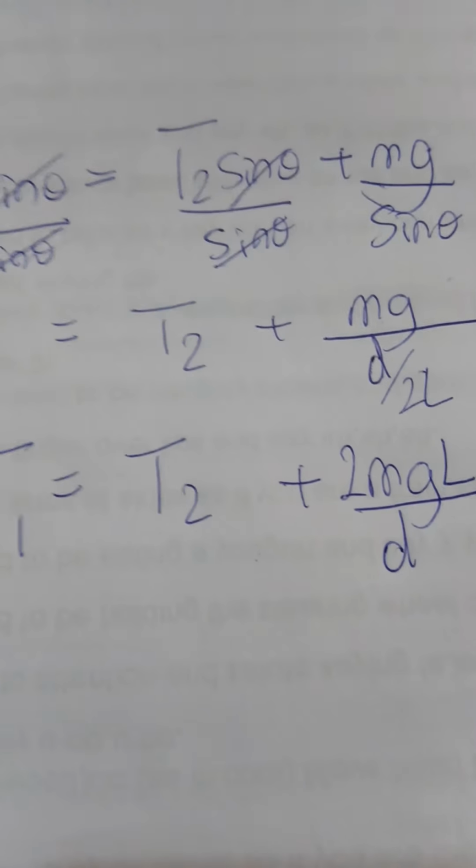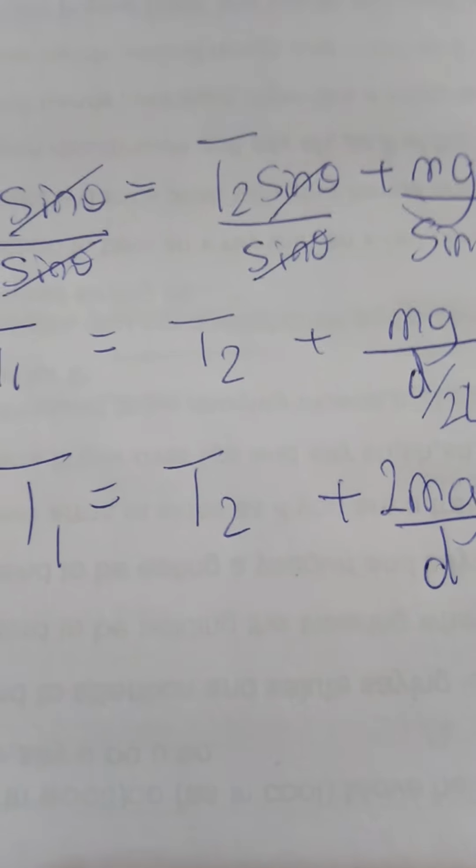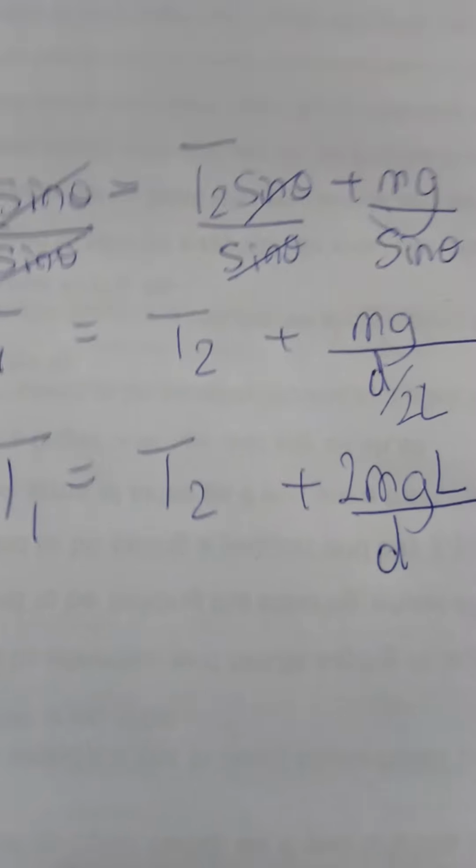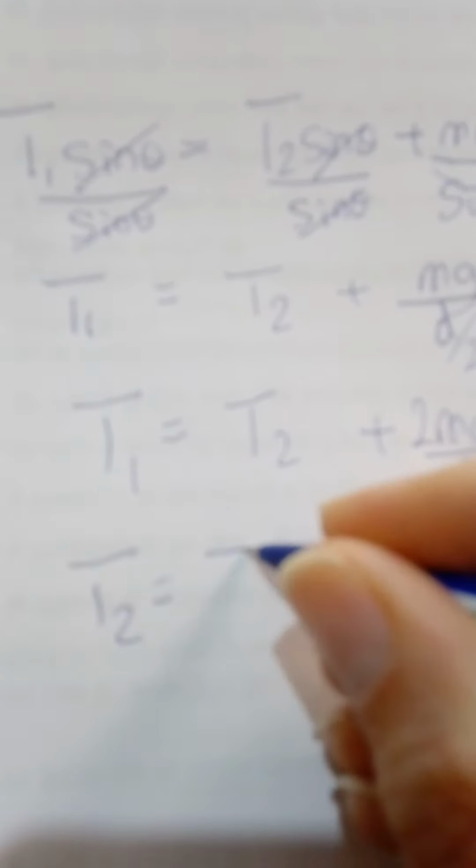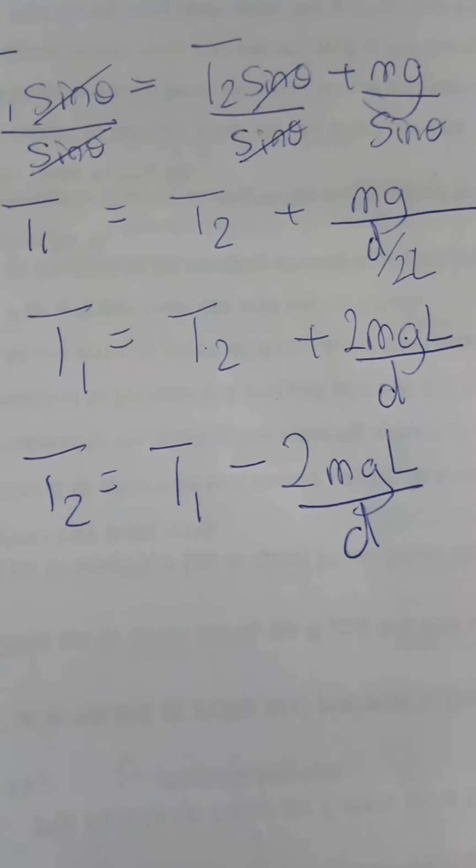And over here remains T1 and T2. Part A tells us to get an equation for T2, subject of the formula. So the final part will be T2 equals T1 minus all of that goes to the other side to become 2mgL over d. Okay, T2 equals T1 minus 2mgL over d.